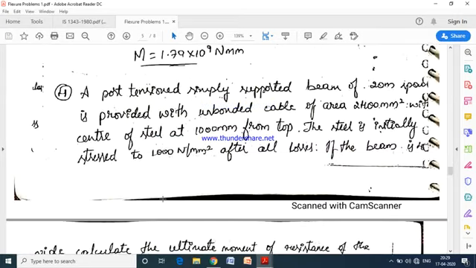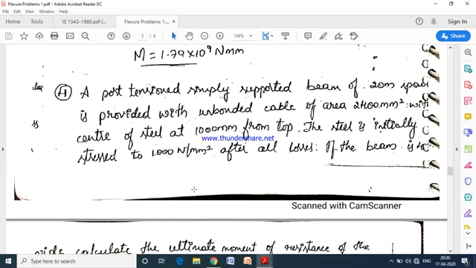Next problem. A post-tensioned simply supported beam of 20 meter span is provided with an unbonded cable of area 2400 mm² with the center of steel at 1000 mm from the top. The steel is initially stressed to 1000 N/mm² after all losses.